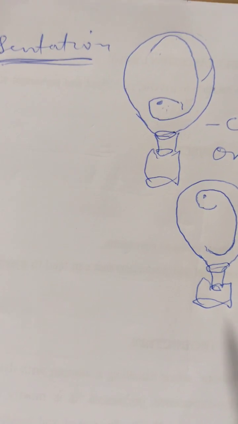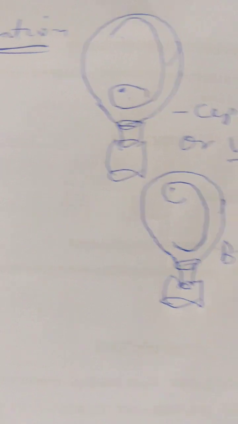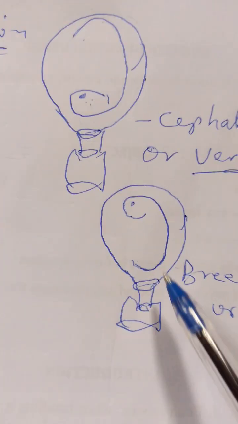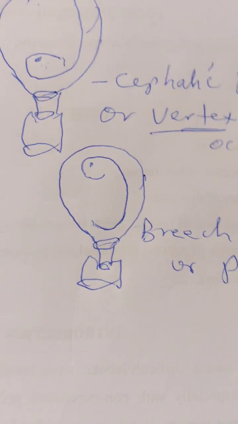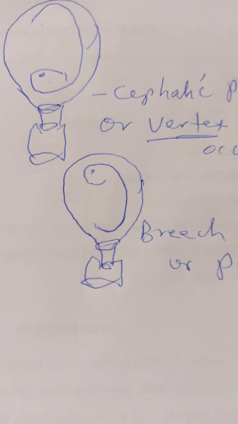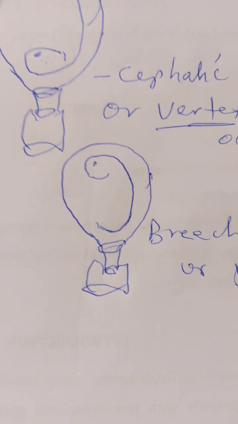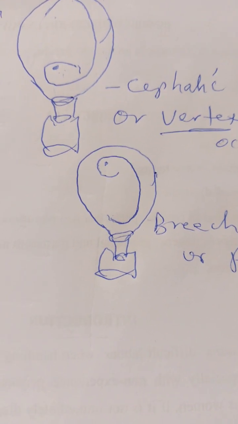Okay, where the buttocks is presenting, but it is more podalic presentation if the sacrum is the leading part, because we know in a breech presentation, in most cases, the sacrum is the leading part or the denominator. Thank you.